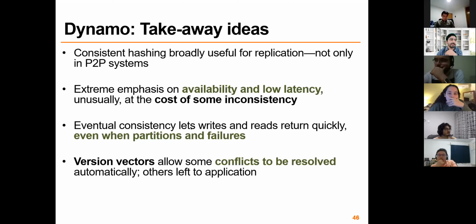Eventual consistency lets writes and reads return quickly, even when we have partition failures. We already talked about eventual consistency, so even by considering that, you can do read and write operations quickly. And version vectors allow some conflicts to be resolved automatically, others left to the application, as we talked about.